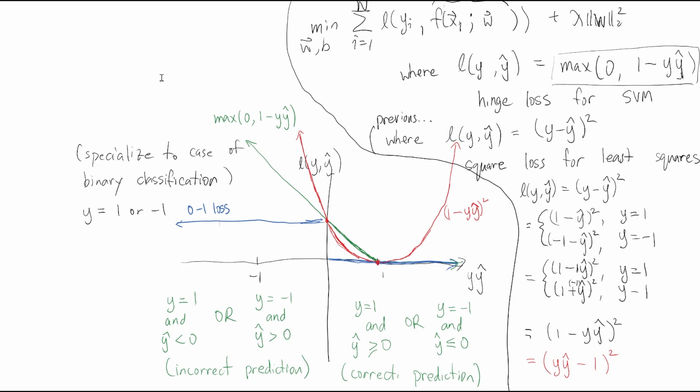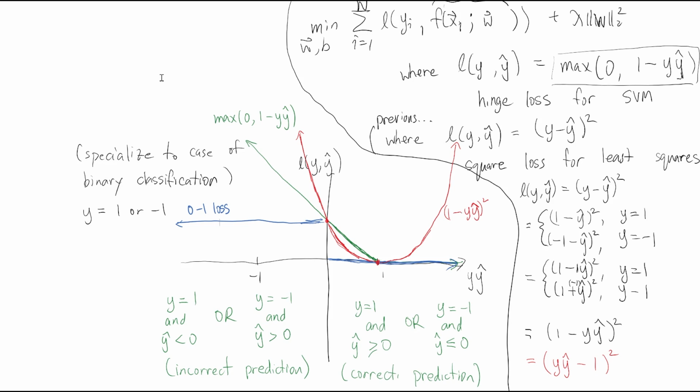So unfortunately, it turns out that it is not possible or very, very difficult to optimize the 0-1 loss. The 0-1 loss is not continuous and therefore not even differentiable. It also has zero derivative everywhere, right? And it's also non-convex. So it turns out that it's actually NP hard to optimize the 0-1 loss.